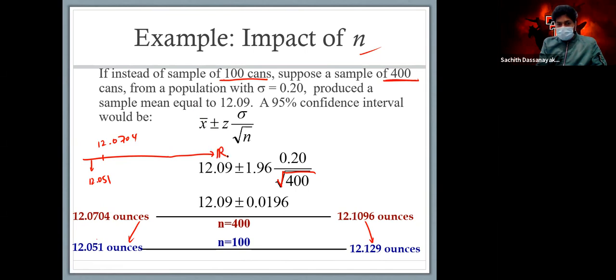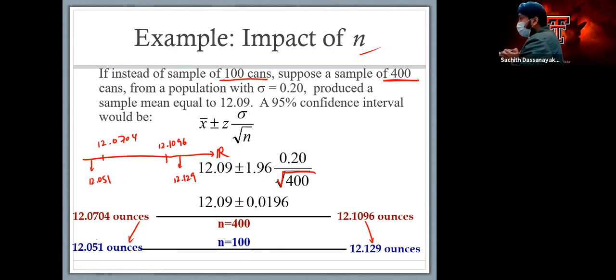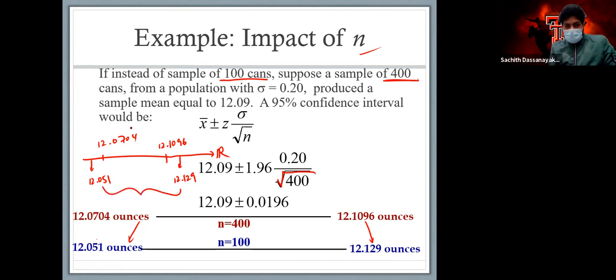This is my real axis. So what's the next value? 12.1096. What is this value? 12.129. Below the real line, you can see these two blue values. Once you check the gap between these two values and these two values, you can see the smaller values go to here, smaller width. So that's how we get the smaller one.